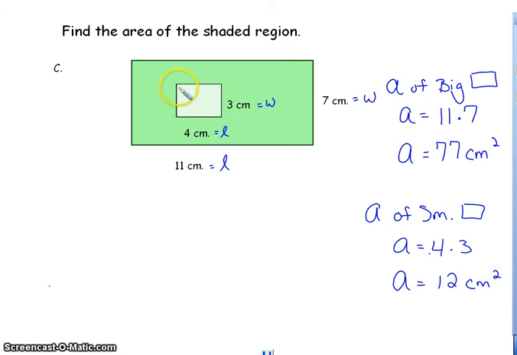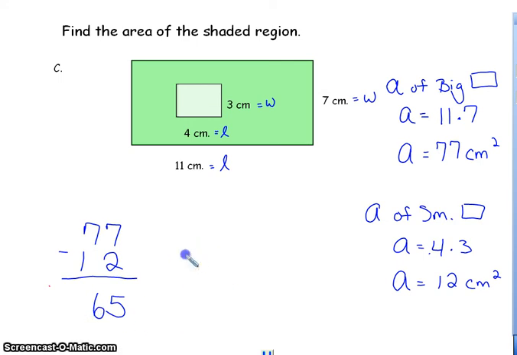Now since this needs to be removed, how do you remove something from something else? Anytime you're removing something, what you're doing is you're subtracting it, you're taking it away. So I'm going to subtract 77 minus 12. And what it will leave me with is the area of the shaded, the green area. Okay, so 7 minus 2 is 5. 7 minus 1 is 6.